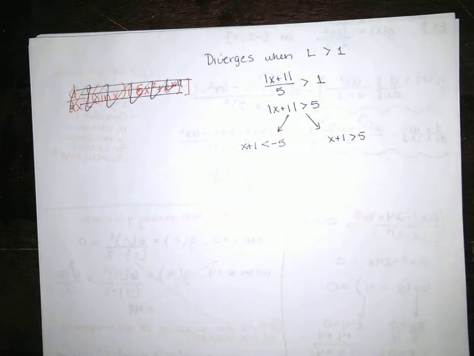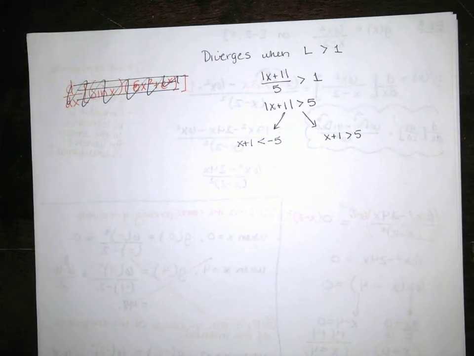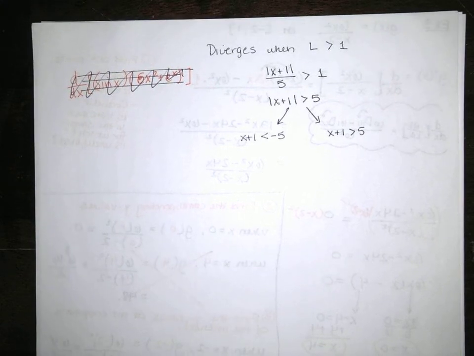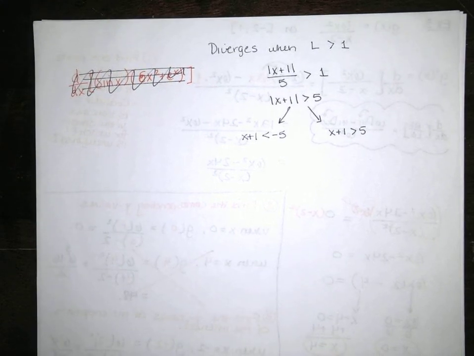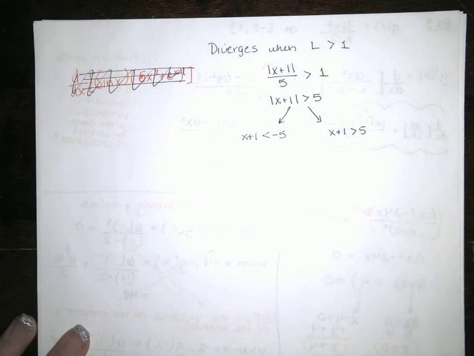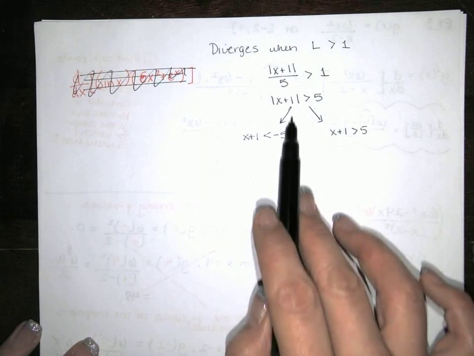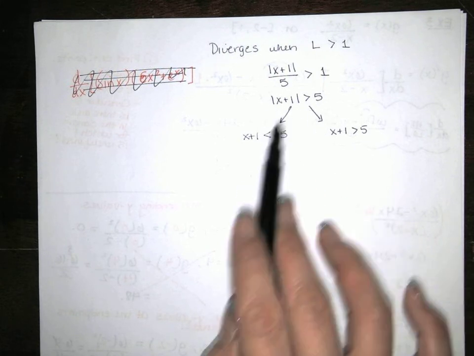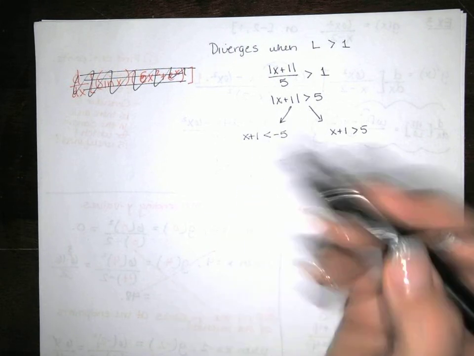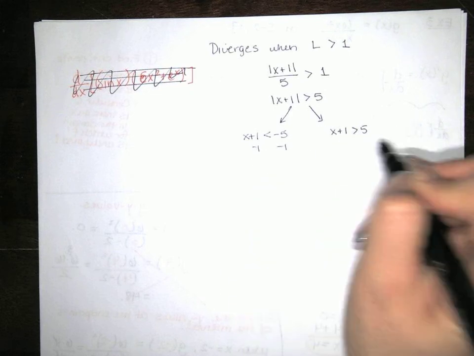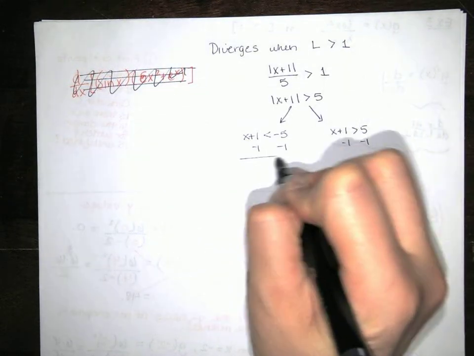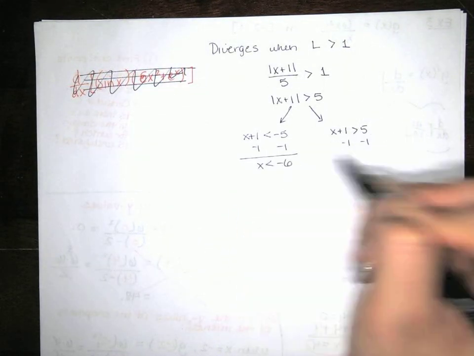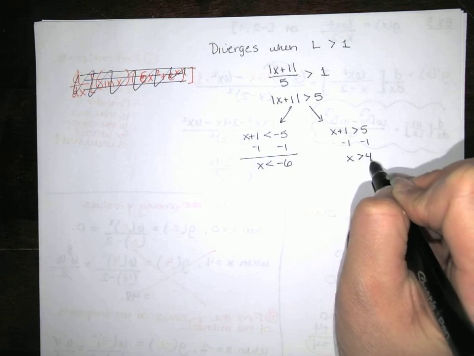And if you're saying to yourself, I do not remember that at all, it's a very simple concept, just text me through Remind and I will remind you of how that works. I just don't want to do it in the video because it's not a Calculus 2 concept. But this inequality really represents those two inequalities, and you solve both of them for x. And this is what you get. X is less than -6 or x is greater than 4.